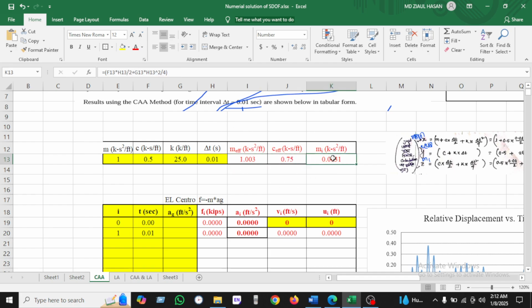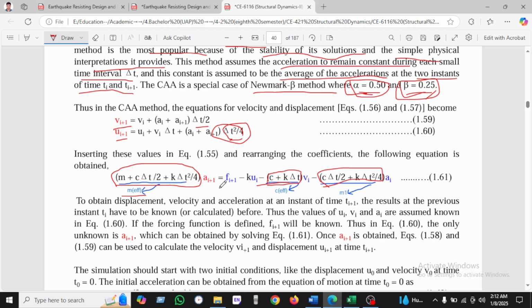Here the mass M is given, the damping coefficient C is given, the stiffness K is given, and the time interval delta T is given. So that's why we are separating M effective, C effective, and M1.